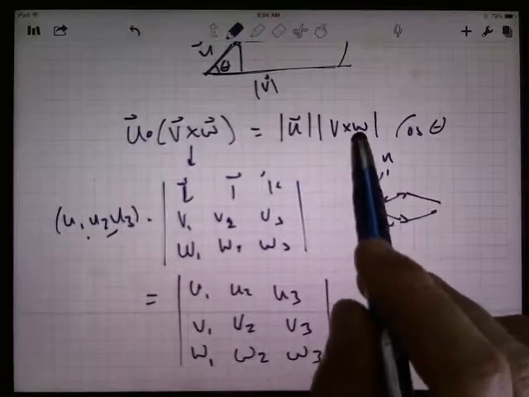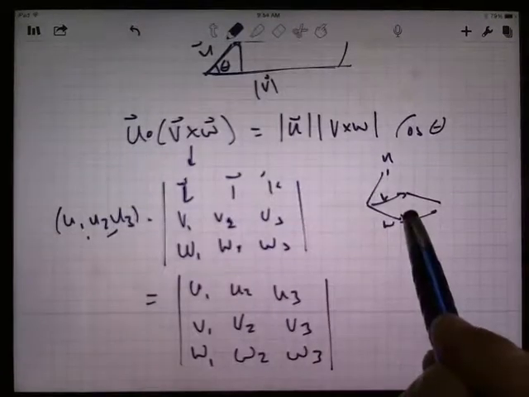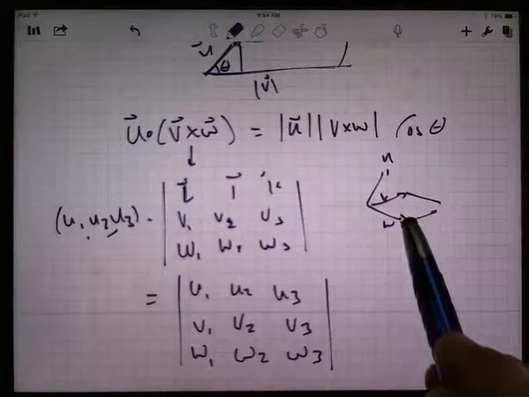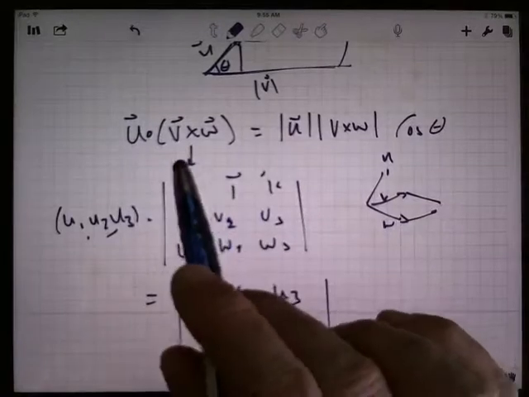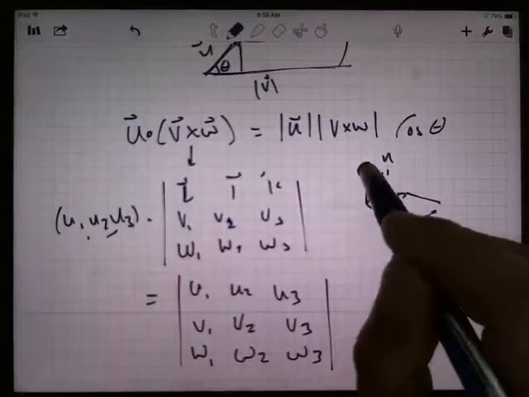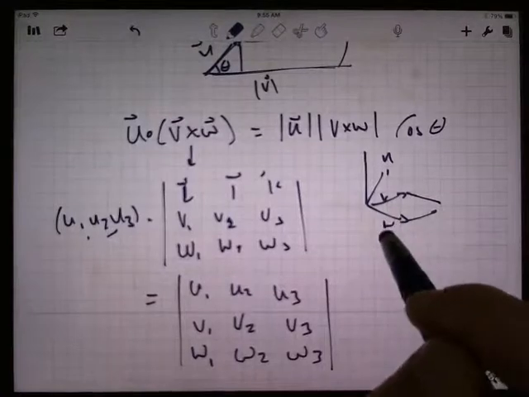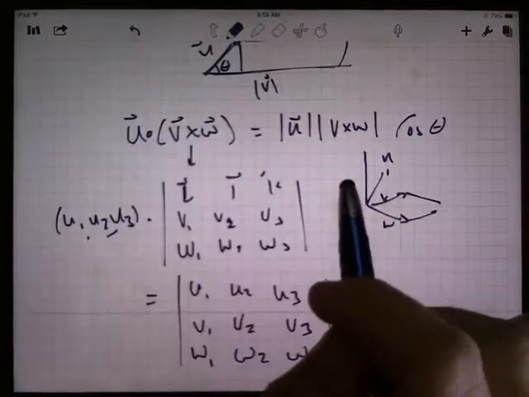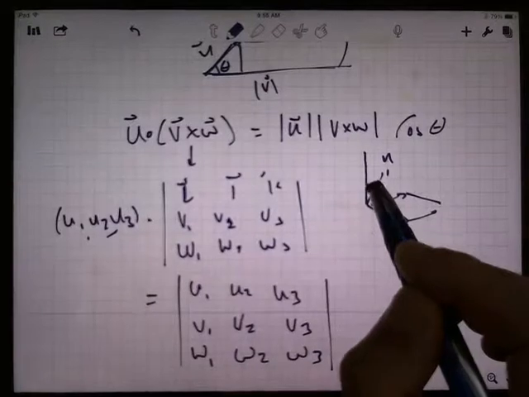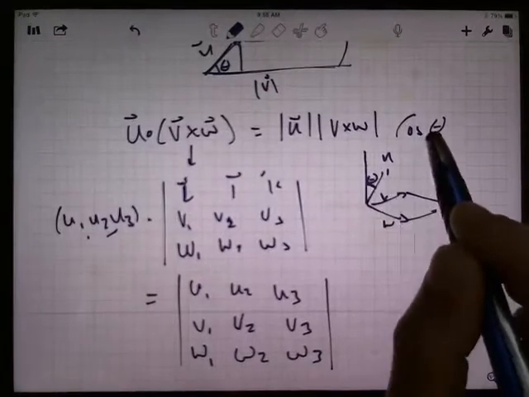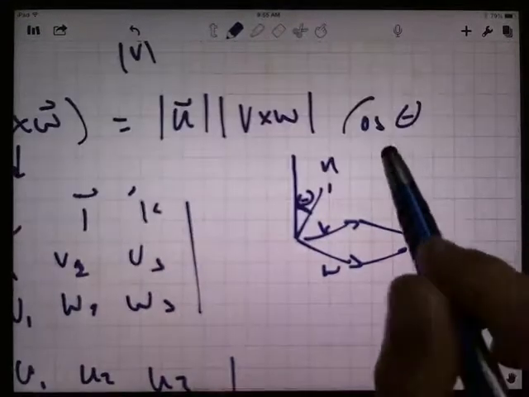The length of this cross product is the area of that parallelogram. The actual cross product itself is perpendicular to both of those. So when I look at the angle between U and the cross product, that's this angle right here. That's the theta that I have drawn right there.